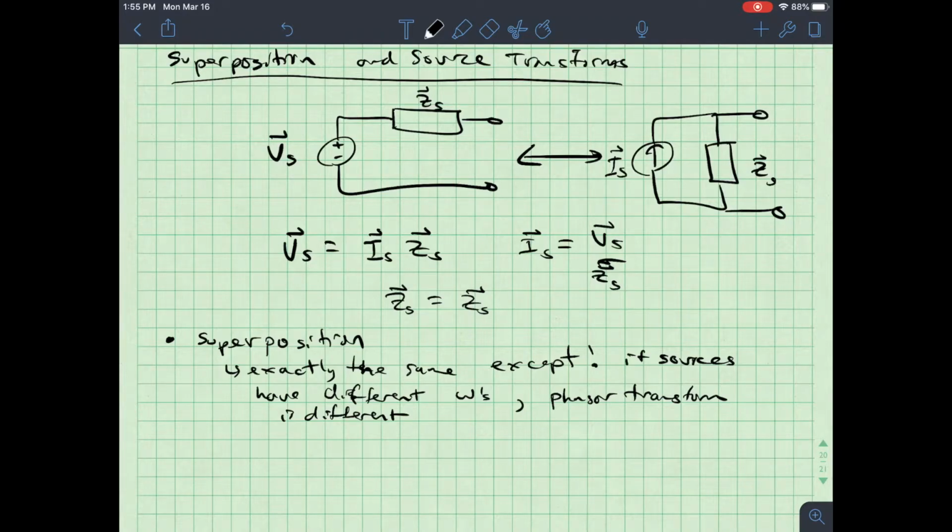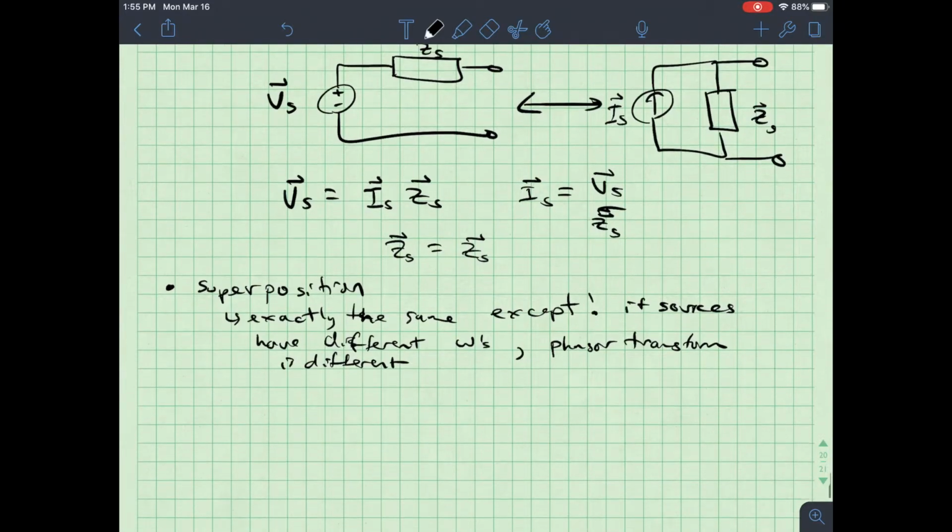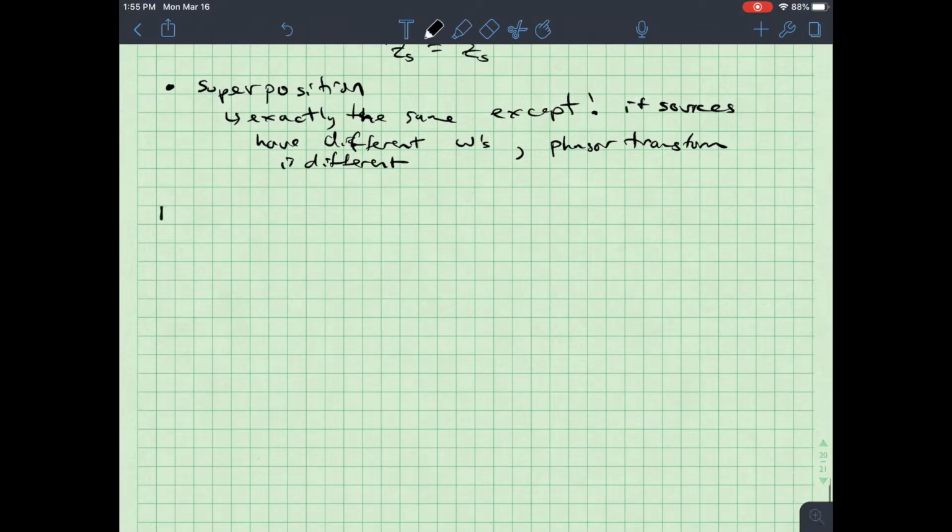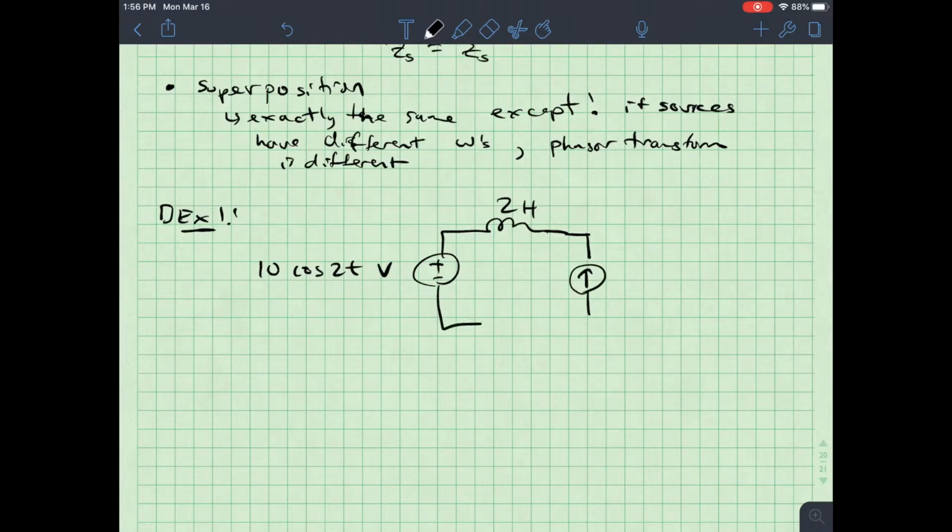Alright, so let's do an actual example of this. Example number 1. I've got a source which is 10 cosine of 2t volts with an inductor. It's 2 henries. Beautiful, beautiful inductor there. You can definitely tell I am a gifted artist, gentleman, and scholar. I've got 2 sine of 5t amps.